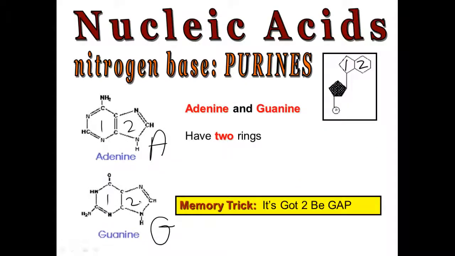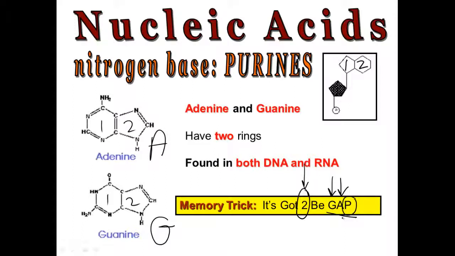The memory trick I use to remember is it's got to be gap. Why? Because two rings. Gap: guanine, adenine are both purines. Anything with two rings, gap. Now, you find adenine and guanine in DNA, and you also find adenine and guanine in RNA.